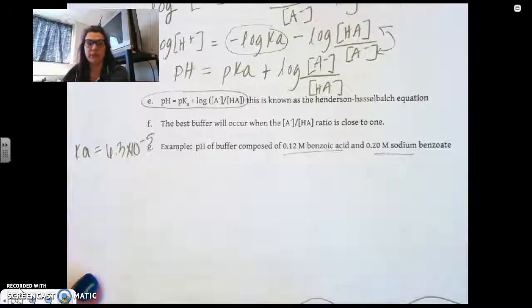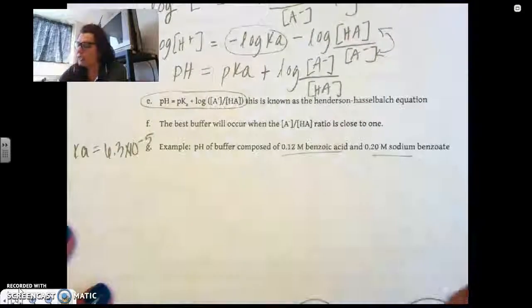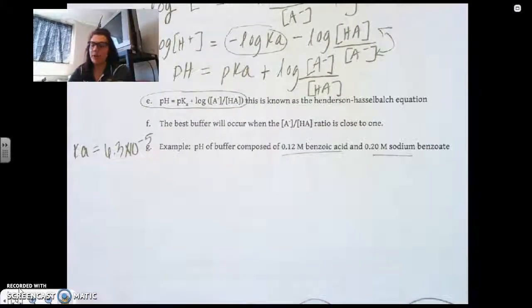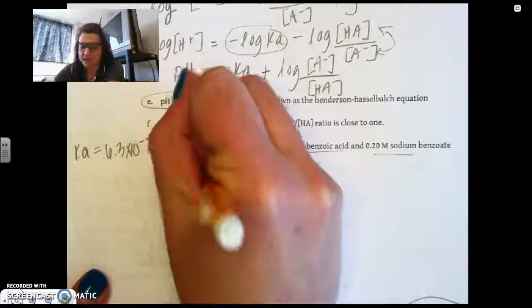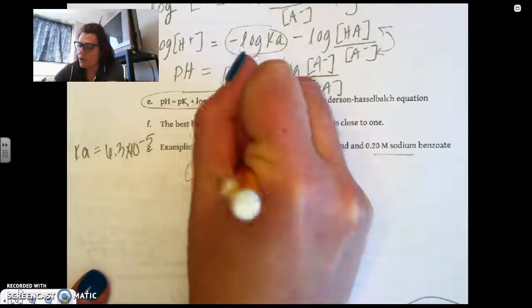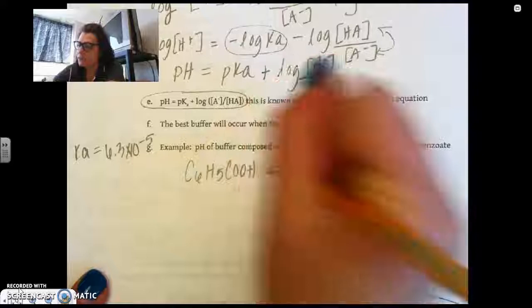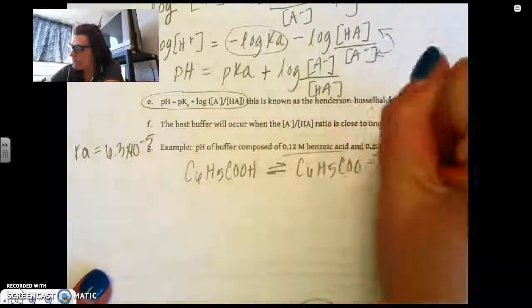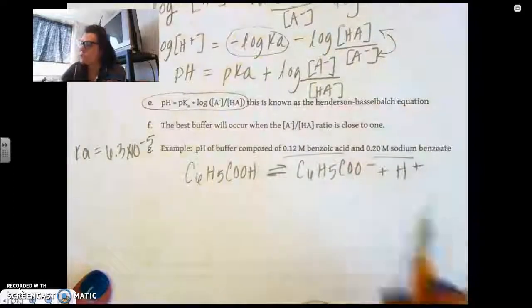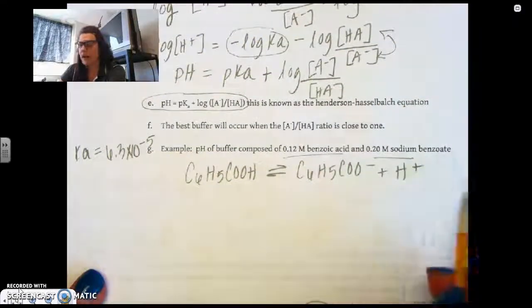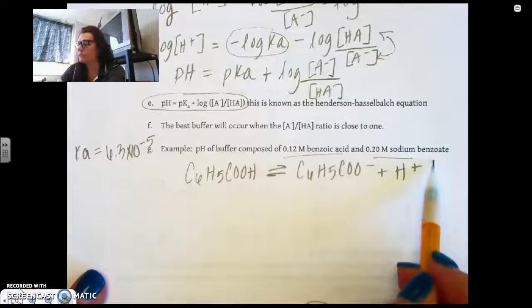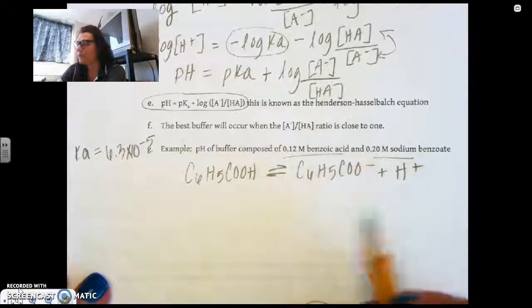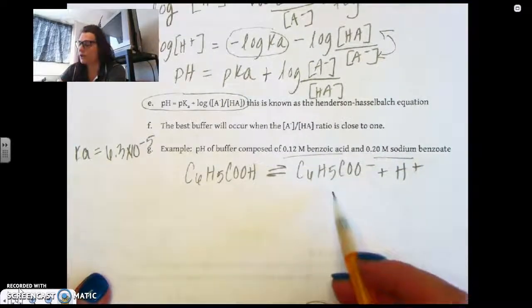Just like what we did with the common ion, you're going to set up your equation. Benzoic acid is C6H5COOH. It'll be in equilibrium with C6H5COO minus plus your H plus. This is the benzoate ion.